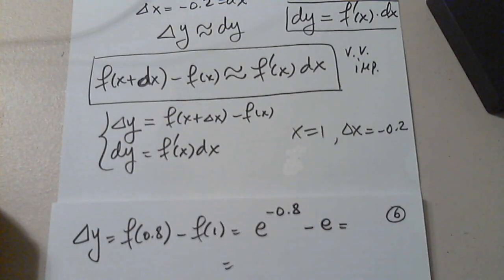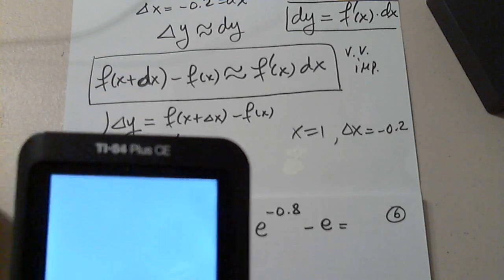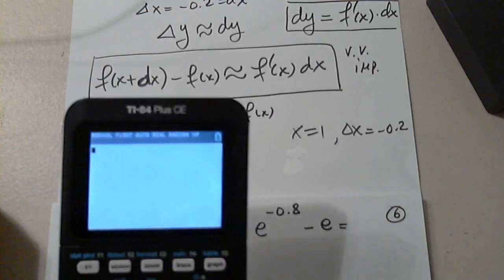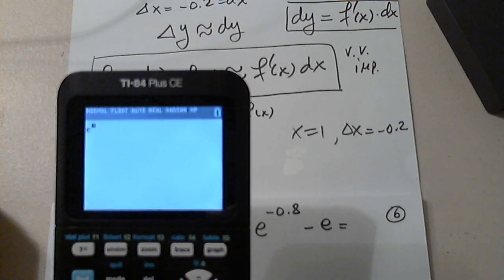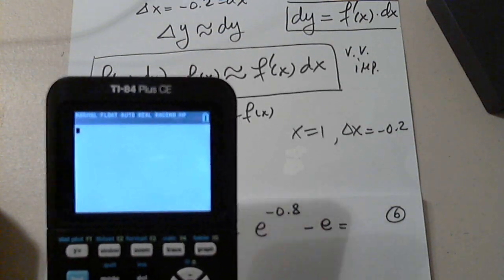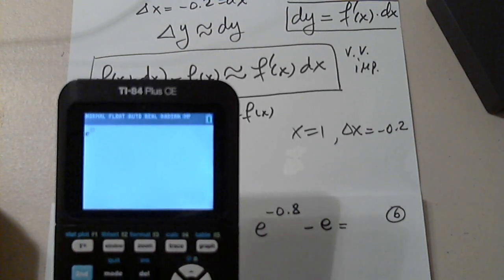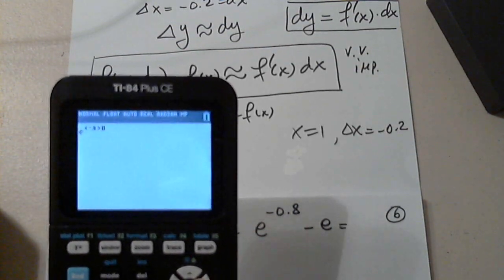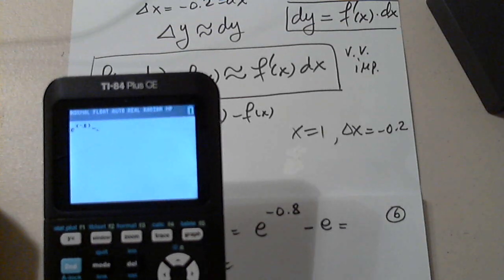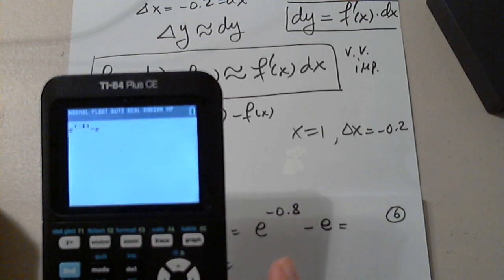So I'm going to get this with a trusted source. I have the calculator too. So I have e to the power negative 0.8. Please always check my numbers, always, minus e.